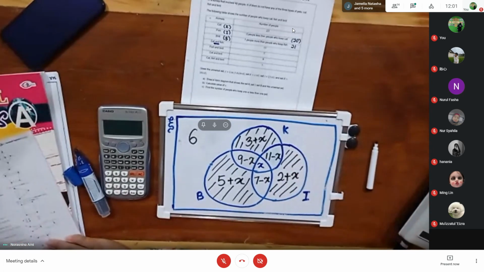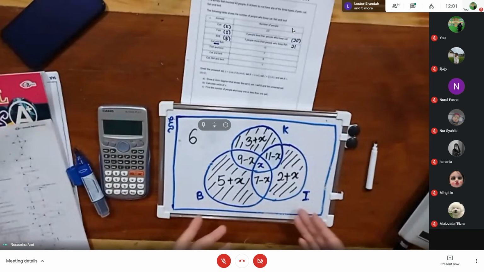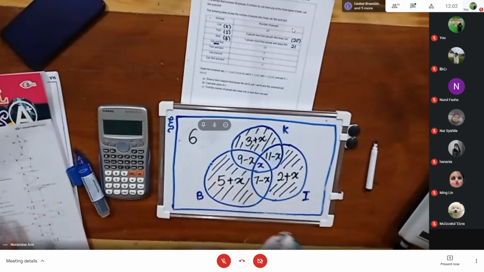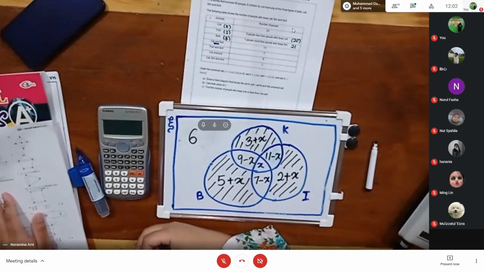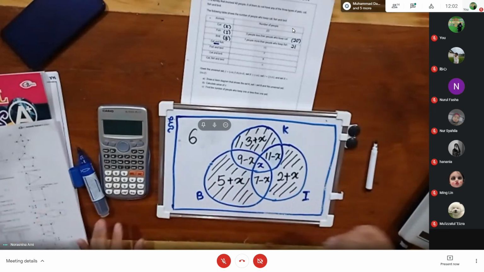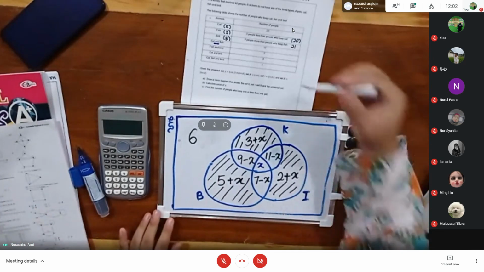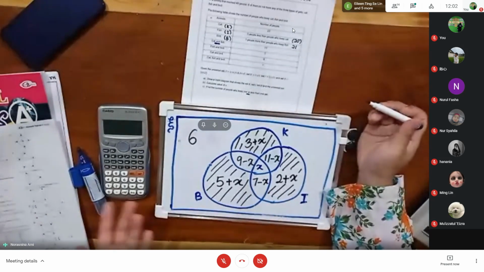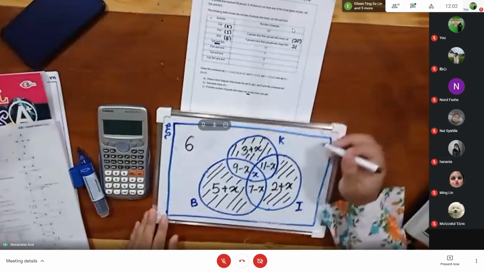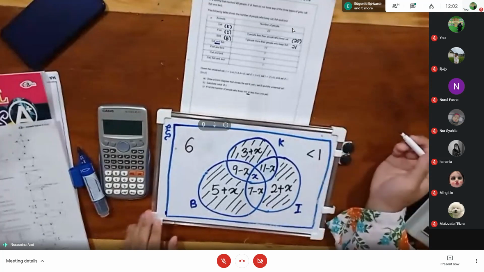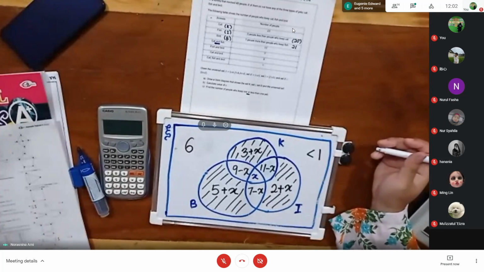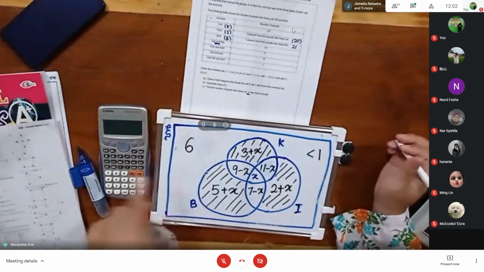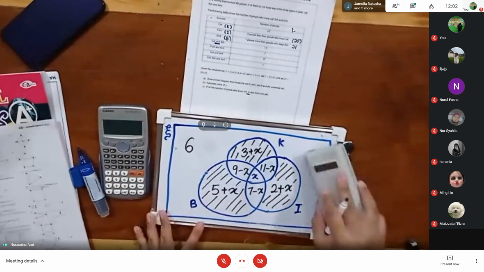There are three parts that represent the ones who keep one pet only. Also, it says or. From the question it also says or, less than one. What does less than one mean? Less than one, the person who did not have any pet is also taken into consideration in this question.